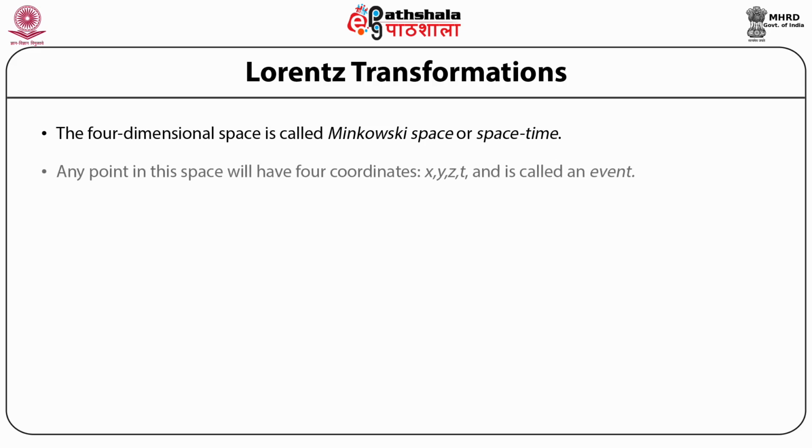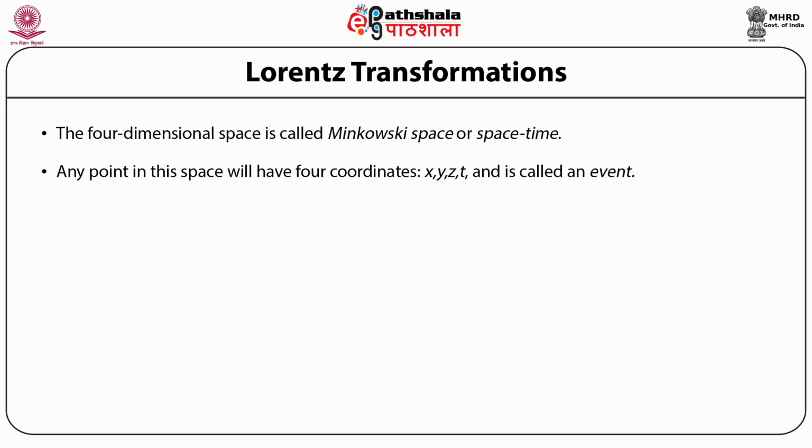So at any point in this space, whenever we have to define a system or an event, we have to consider all four coordinates, that is the x, y, z and t coordinates, and such a point in space is called an event. Now let us look at what these Lorentz transformations do. Basically the Lorentz transformations define the transformation of various physical quantities from one coordinate system into another.